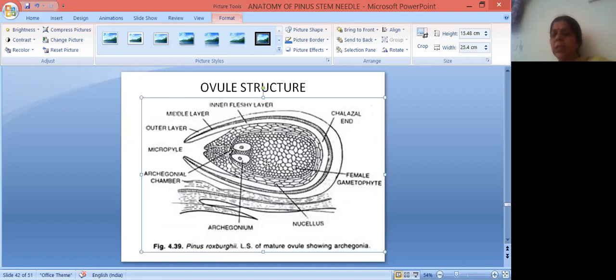Each archegonial initial divides periclinally to form an outer small primary neck initial. If we see this archegonium, there is a small cell called the operculum, and the very prominent nucleus in the archegonium is the egg nucleus. The primary neck initial divides by two vertical walls at right angles to each other, forming a neck of 2 to 4 cells.